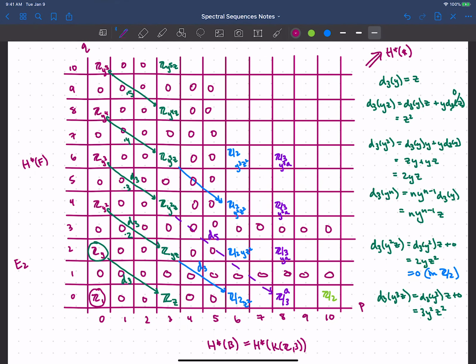For example, I can't write something like D5 of, say, y squared z. We already know what it's supposed to be, but it's not D5 of y squared times z plus y squared D5 of z. We can't just use the Leibniz rule there because y squared has died before it gets to the E5 page.